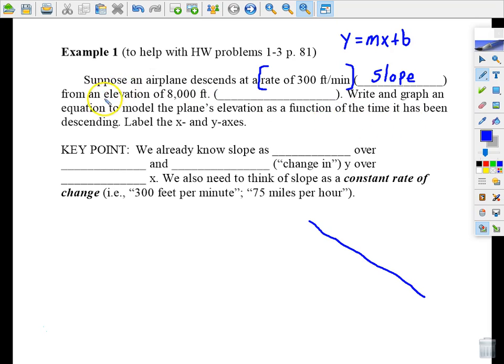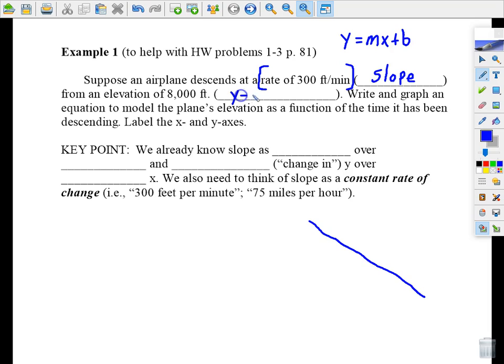All right, and so the next part of this will help me identify the y-intercept, because you can think of the y-intercept as a starting point. Before the plane began this movement, where was it? How far off the ground? And in this case, we're told that it started off at a point of 8,000 feet before it began this rate of change.